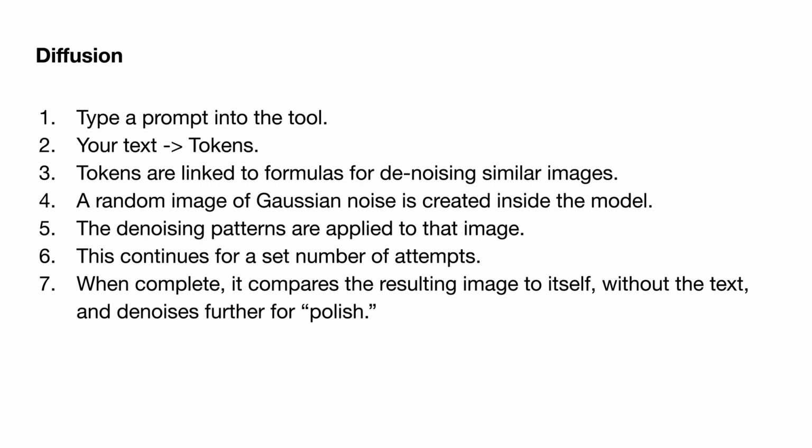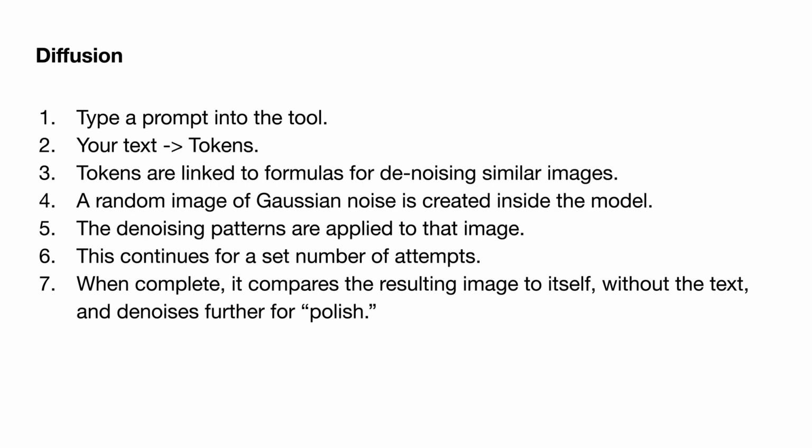And in the end, it takes the output of this process, it strips away what we've asked it to do, and it actually compares what we've asked it to do with the same picture as if we didn't ask it to do it. And it compares that, and it uses those two pieces of information to sharpen it even further, to refine the image with the text information in it even more. So basically, there's this final step of comparison that is used to polish up the final product.